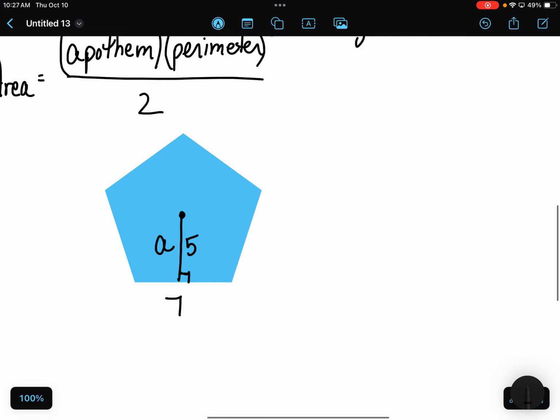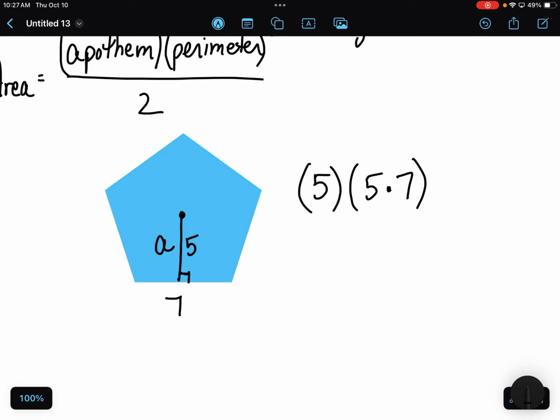So a shortcut to finding the perimeter would be take one of the sides and multiply it by how many you have. So the apothem was 5. You have 5 sides at 7 whatevers each. So what Will said was to add them all together, and he's not wrong. Like we could have gone 7 plus 7 plus 7 plus 7 plus 7, or just 7 times 5. Either way, it gives you the same answer. Divided by 2. So help me out.